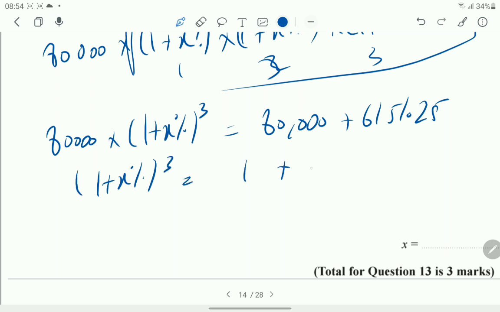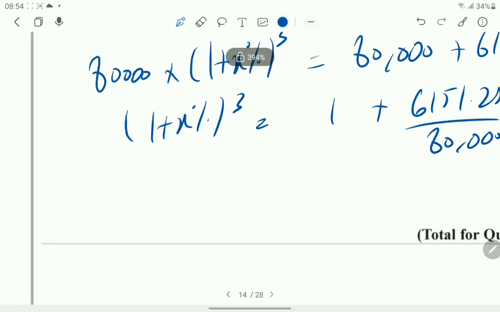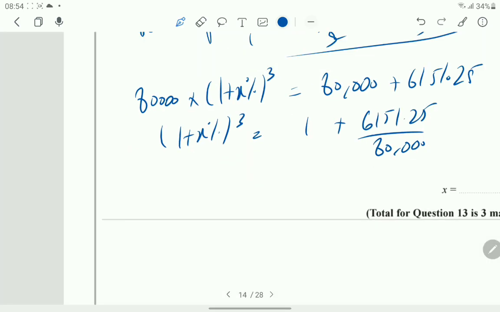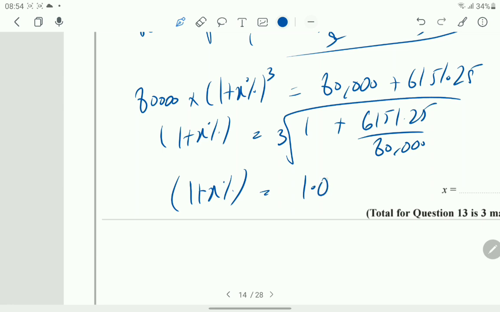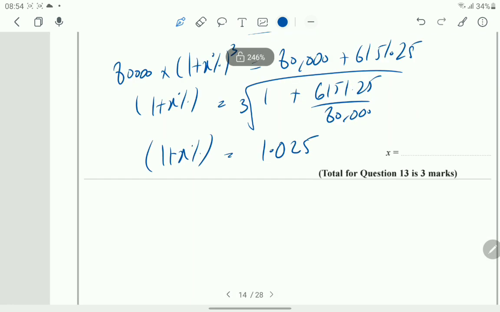So now solving for x, we can see that 1 plus x% raised to the power 3 equals 1 plus 6151.25 divided by 80,000, and let's cube root this. Putting it all in your calculator, we get 1 plus x% equals 1.025.